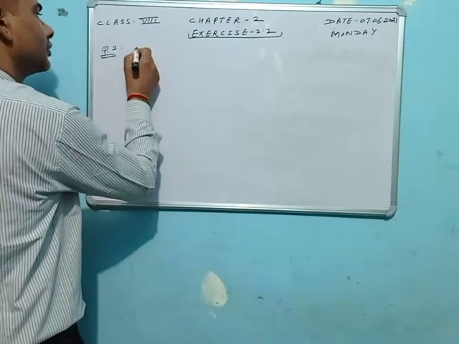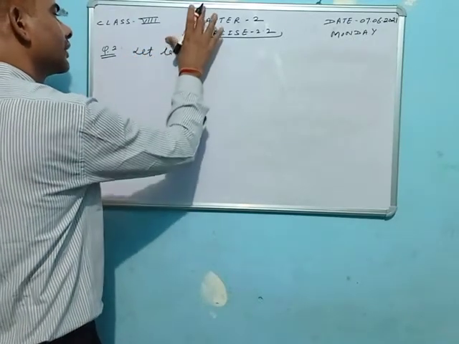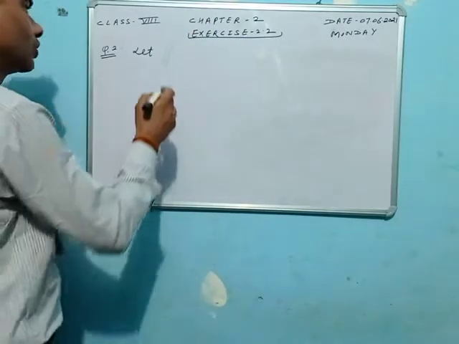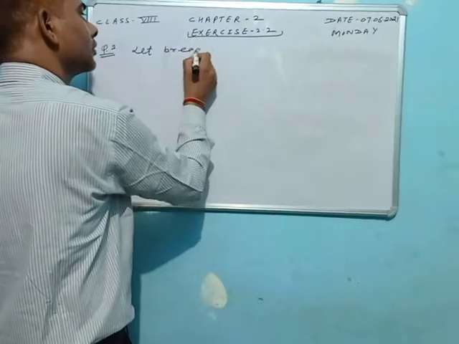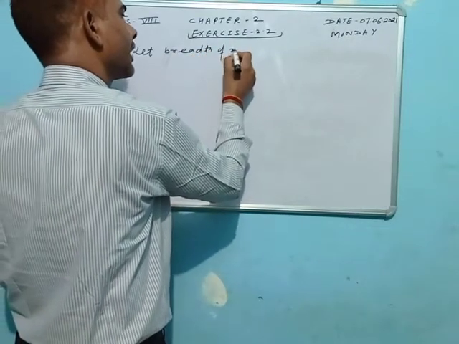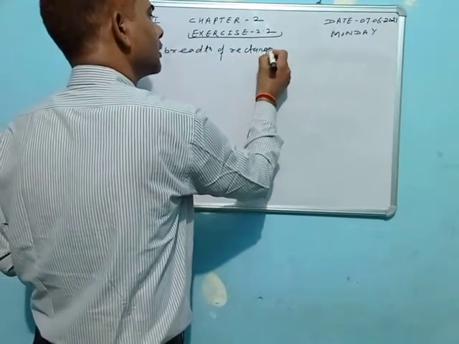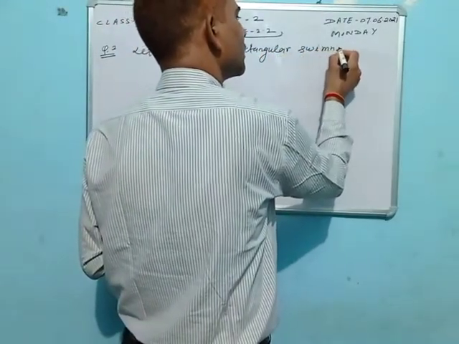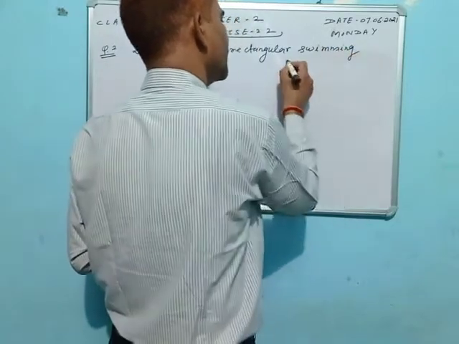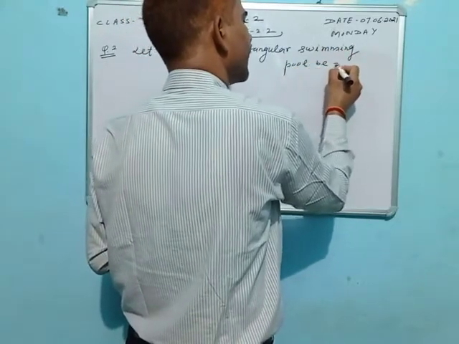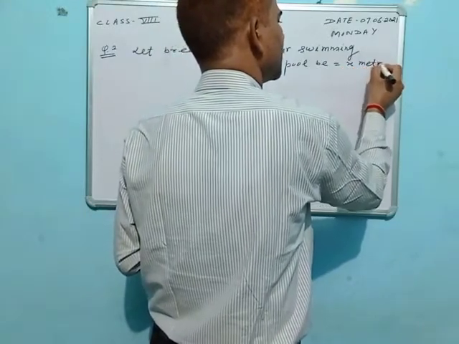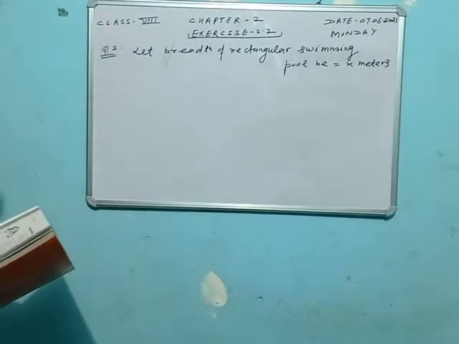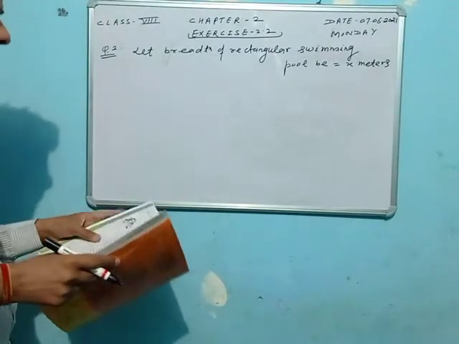Let the breadth of the rectangular swimming pool be x meters. Now students, the length is 2 meters more than twice its breadth.